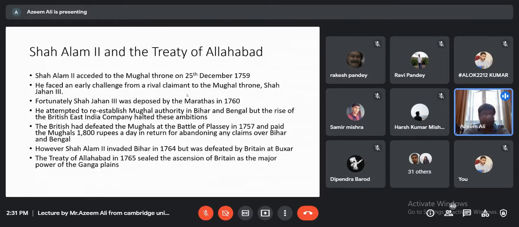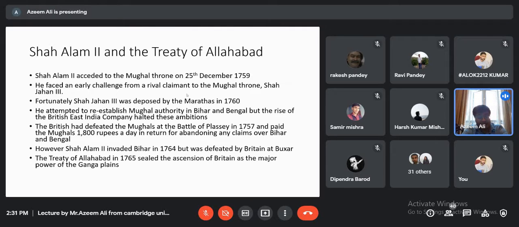Shah Alam II acceded to the Mughal throne on the 25th of December 1759. He faced an early challenge from a rival claimant to the Mughal throne, Shah Jahan III. Fortunately, Shah Jahan III was deposed by the Marathas in 1760. Shah Alam II attempted to reassert Mughal authority in Bihar and Bengal, but the rise of the British East India Company halted these ambitions.